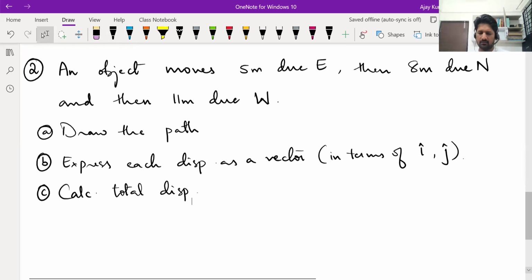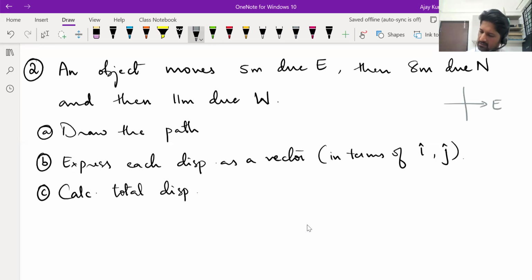This question describes some real life motion of an object, some displacement towards east, some due north, due west. First assign those directions: east, north, west and south.